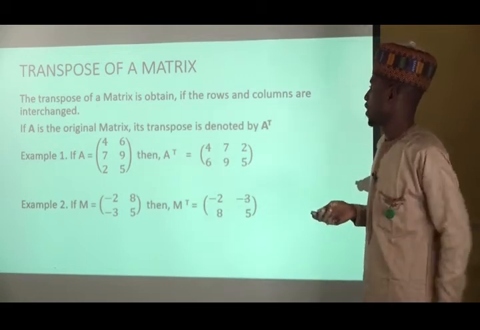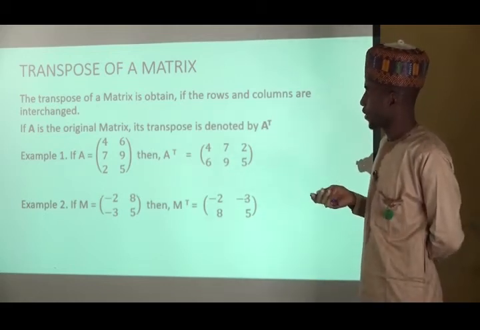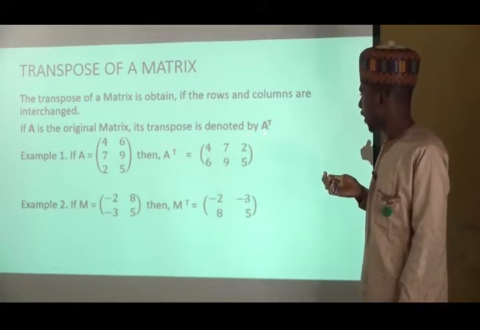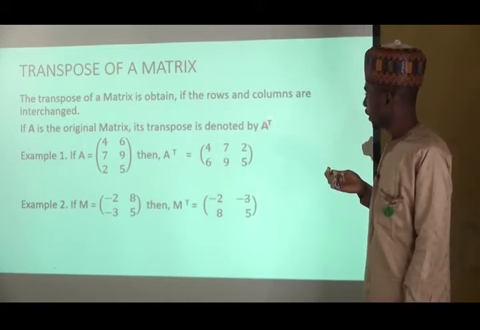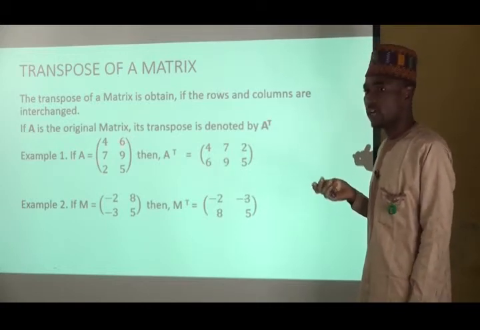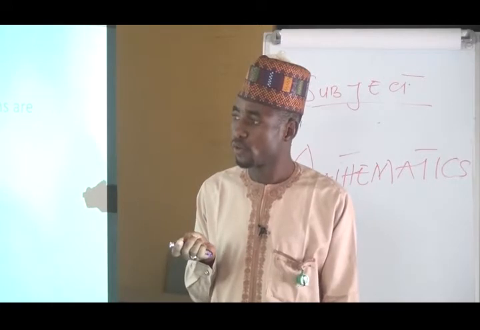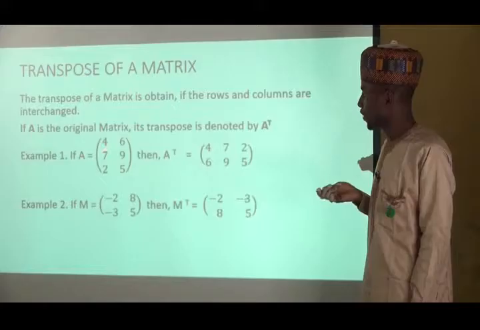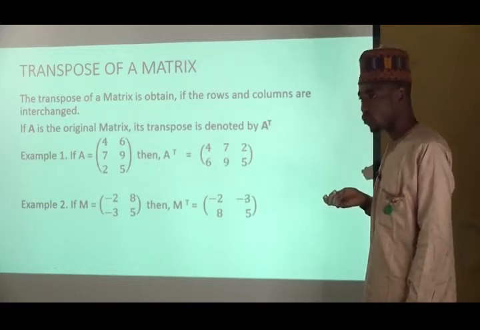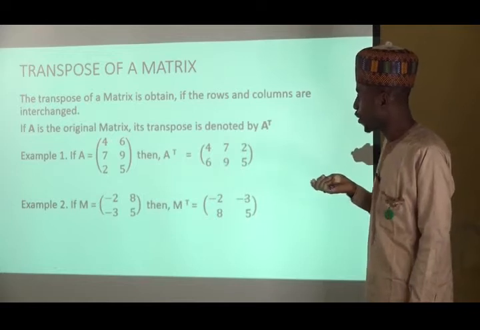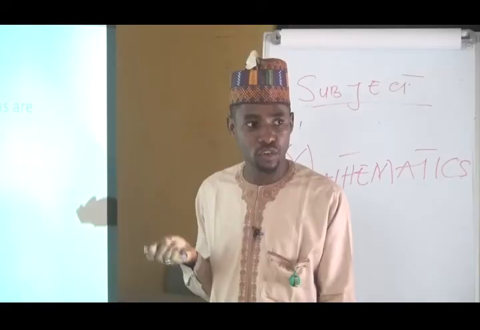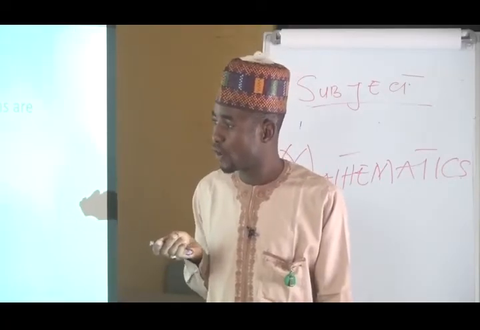For example, if A is the original matrix, its transpose is denoted by A raised to the power of T. The T is superscript. Example 1. If A is a matrix with first row 4, 6, 7, 9, 2, and 5, then its transpose: the first row in A will now be our first column, that is 4 and 6.